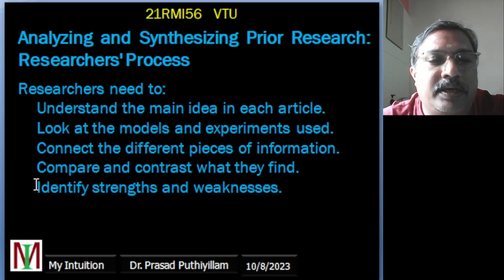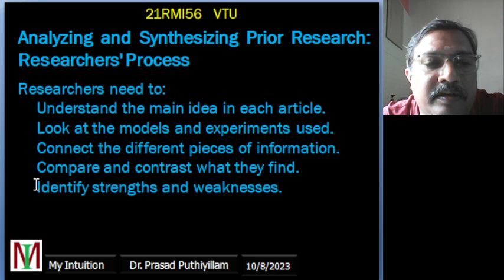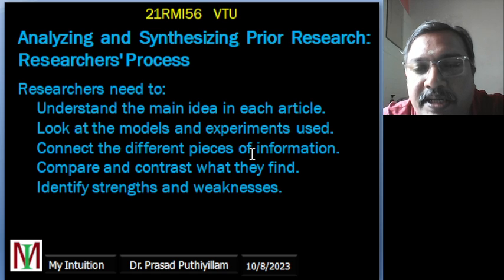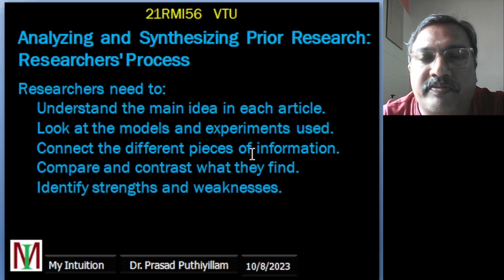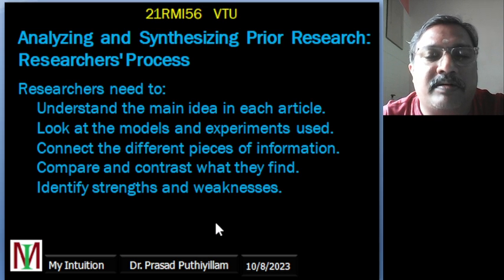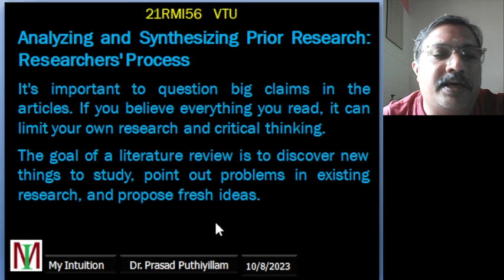As a researcher, we need to understand the main idea in each article. We need to look at the models and experiments which are used. We need to connect the different pieces of information. We have to compare and contrast what they find. We have to identify the strengths and weaknesses. It's very important to question big claims in the article.